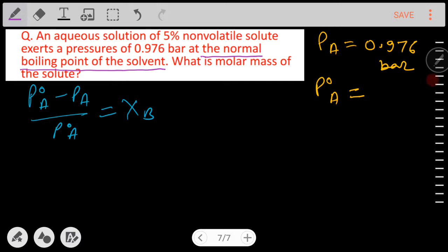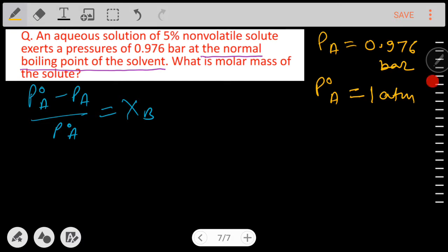It is not given in the question, but you have to see what the value of P naught A should be. At the boiling point, the vapor pressure of a liquid becomes equal to atmospheric pressure. That's why here we will take P naught A as 1 atm.